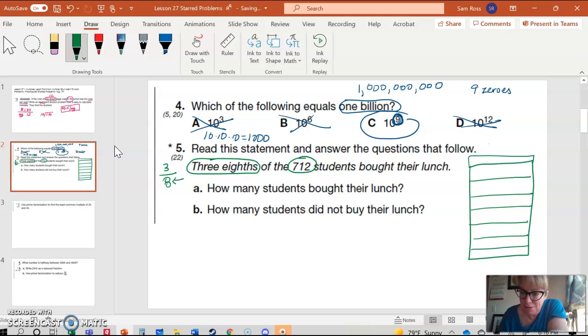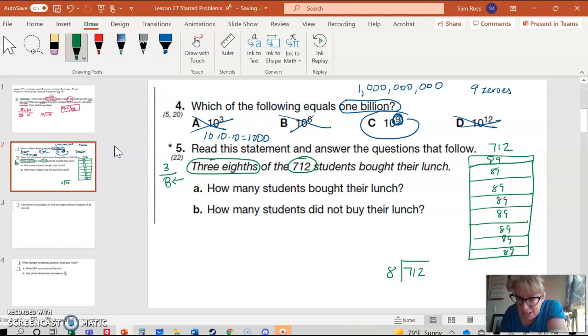And I have a total of 712 students. So I'm going to divide that by 8 to see what goes in these boxes, using my handy dandy calculator. 89. So each of these has 89 in there.